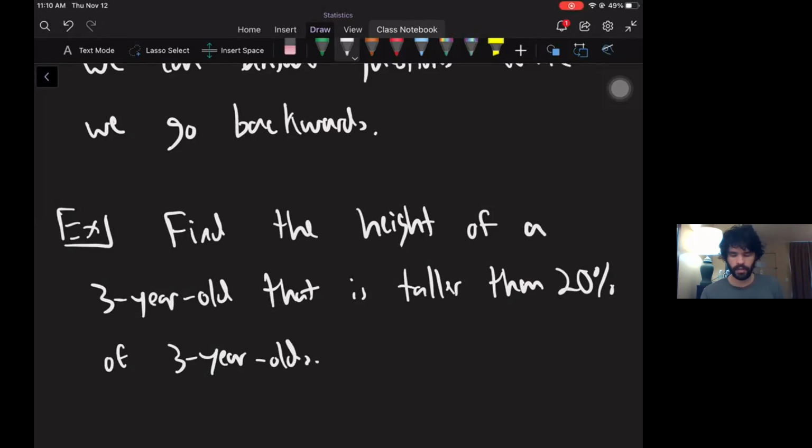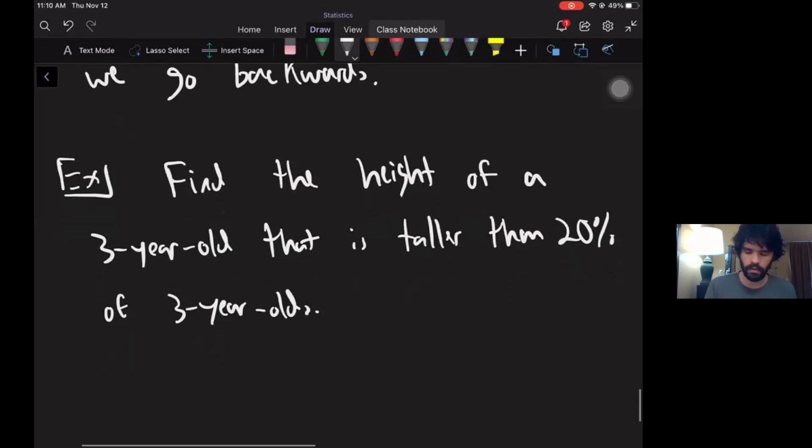So this is the opposite of what we did before. Before, we knew the height, we're given the height, and you would want to find the percentage that that height is above or something like that. Whereas now I'm really trying to find the height and I'm given a percentage.